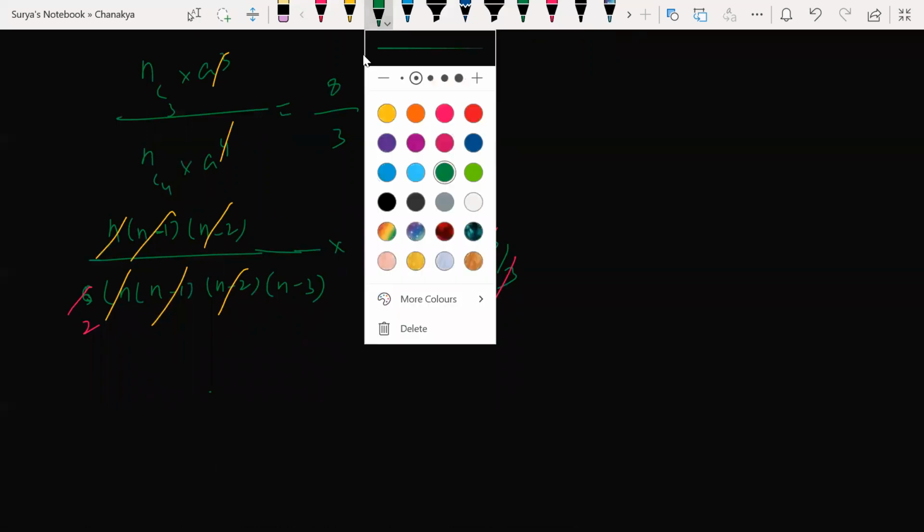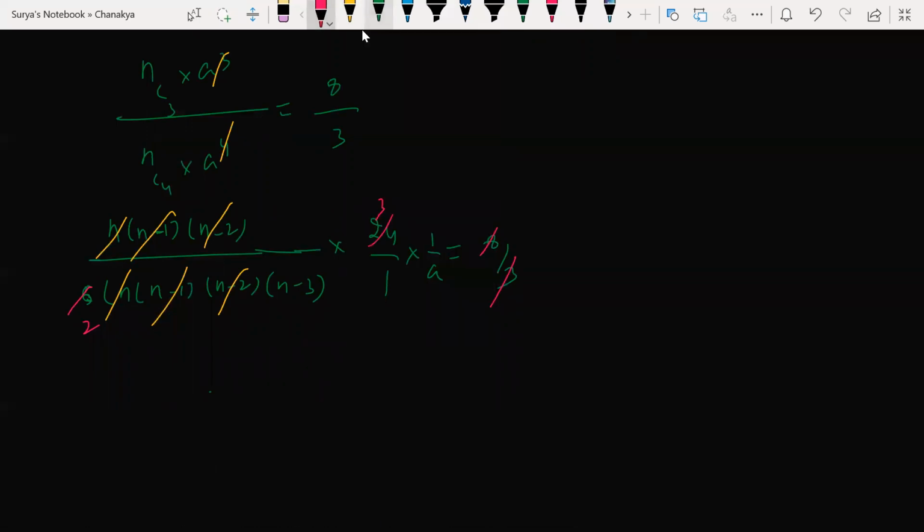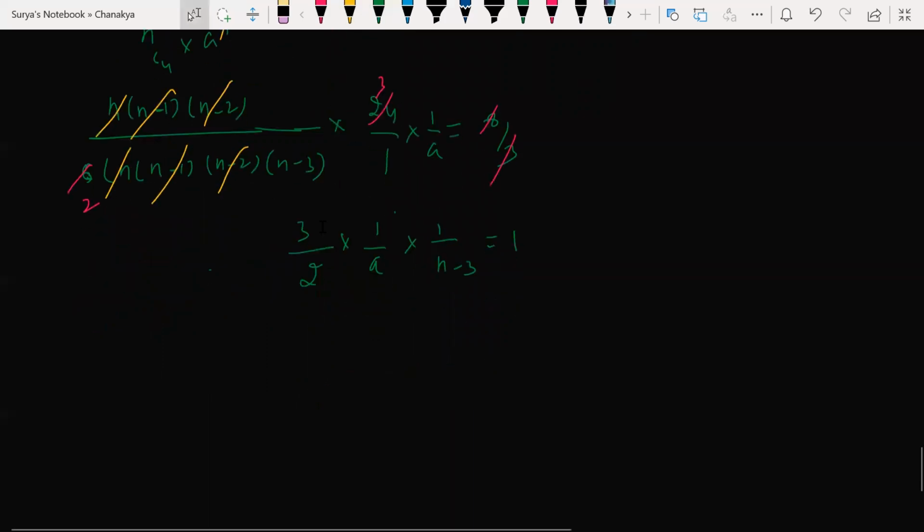Okay. So 3 by 2 is equal to, what are the things you are left with? 3 by 2 into 1 by a into 1 by n minus 3 is equal to 1. 3 by 2 is equal to n minus 3 into a.